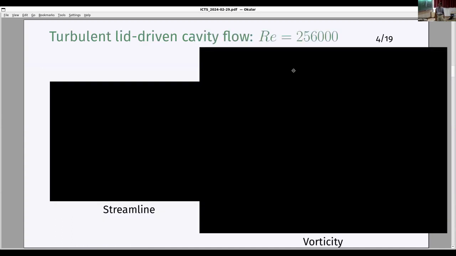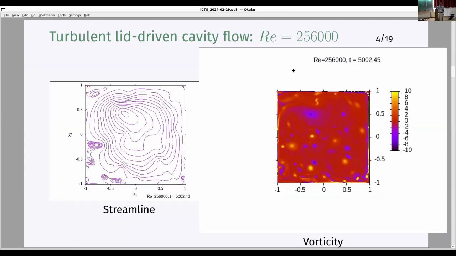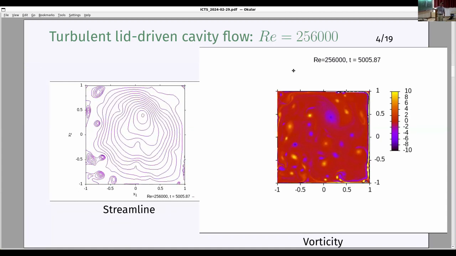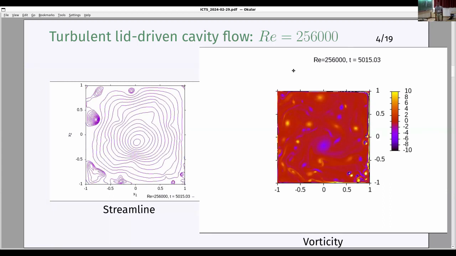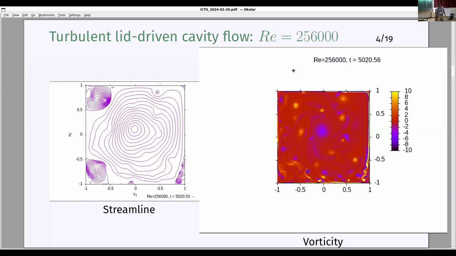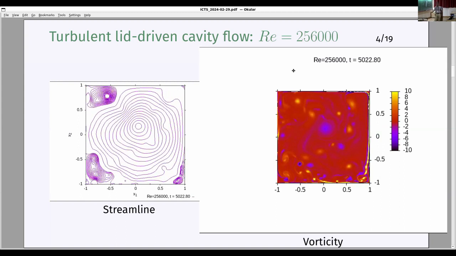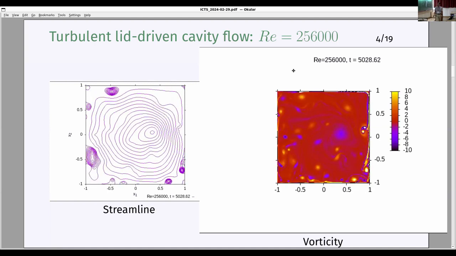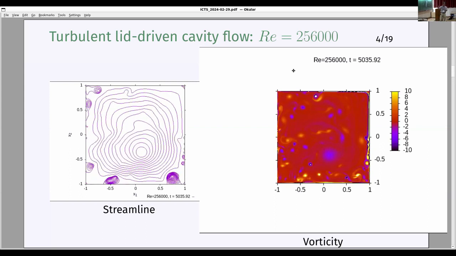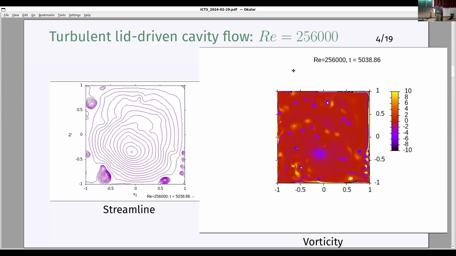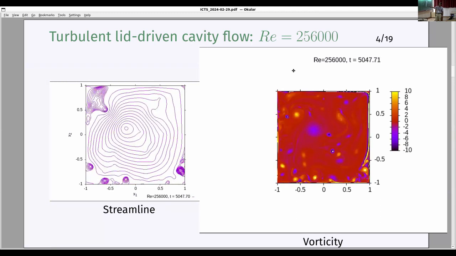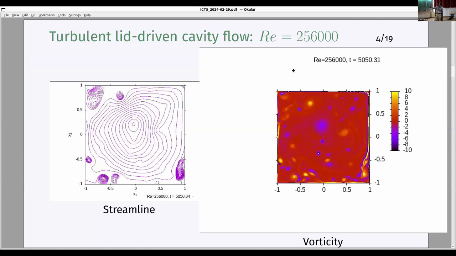So the turbulent state looks like this one. Now the Reynolds number is 256,000. On the left, I showed you the stream function, but for the time-dependent flow, the instantaneous streamline doesn't provide a lot of information. So I showed you the contour of the vorticity. The top lid is moving to the right, but at the corner they are regularized. You can see some vortex sheet emanating from the top lid and moving in this direction.